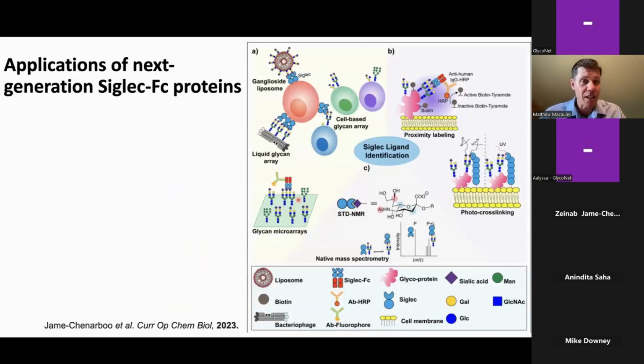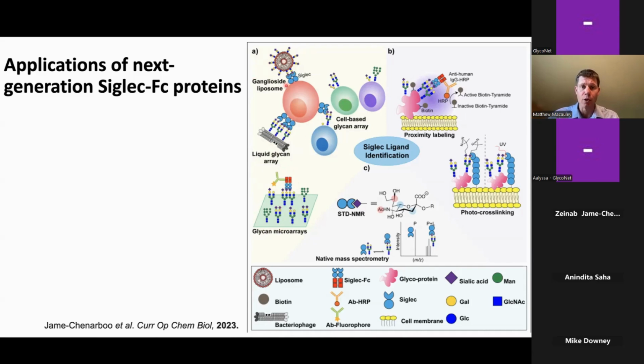So over the last 5 years since we published that first paper, our lab and many other labs have used those tools in a variety of applications. For example, one lab has used them with their liquid glycan array. We've used them with standard glycan microarrays. You'll hear a little bit more about that from Eddie. You can use those on cell-based arrays.